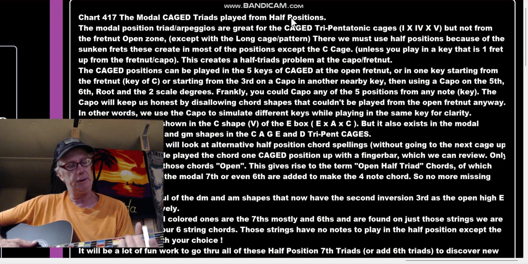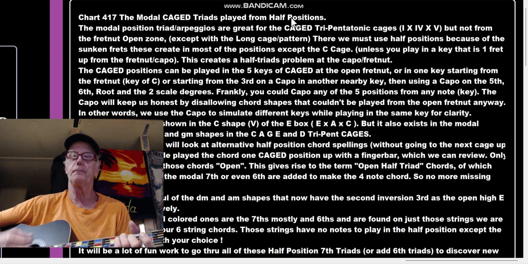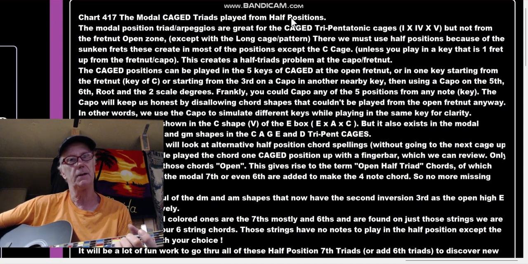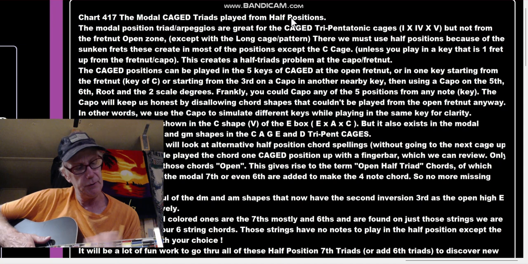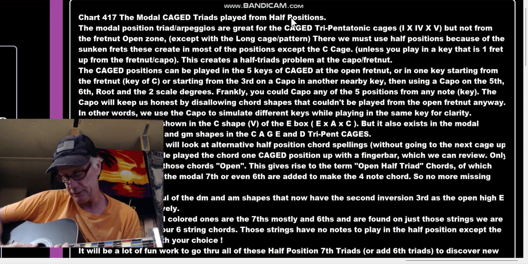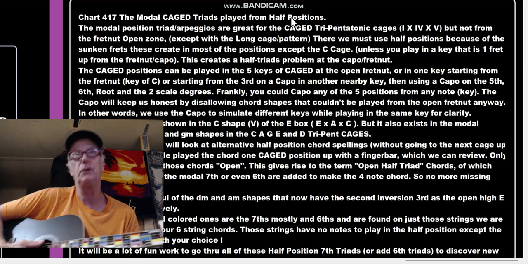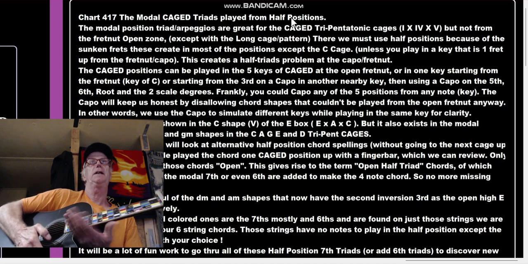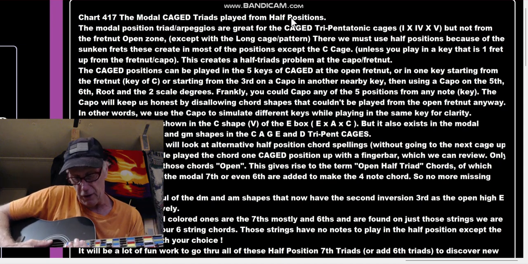So when we play this E position here, we go to A. We want to go to the C position. Well, if we play that way up here, it's a little too far up, even though I have a cutaway in the guitar. It's a little too far up for me to play that E-shaped B. It would go.